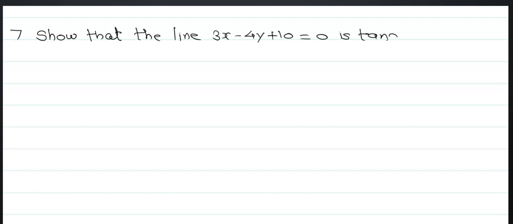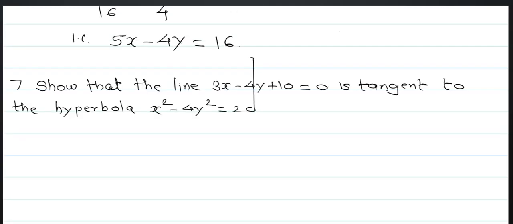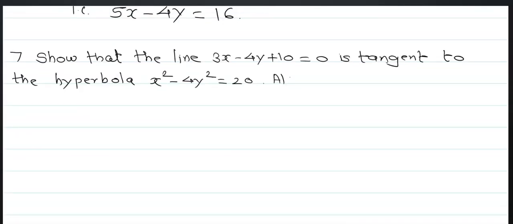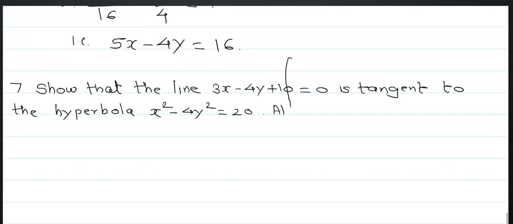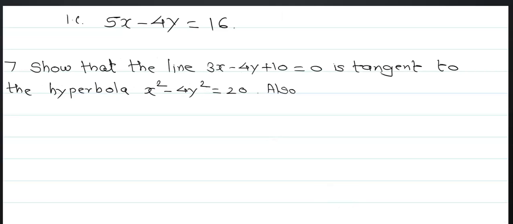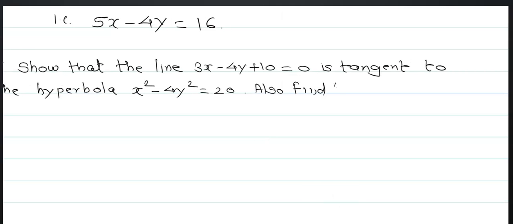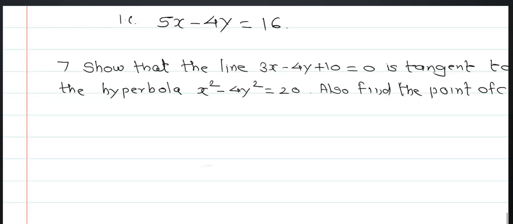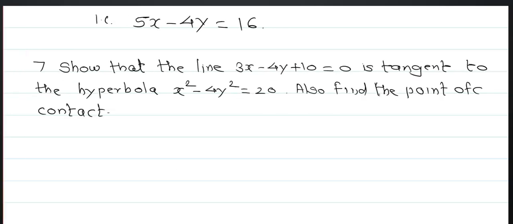Number 7. Show that the line 3x minus 4y plus 10 is equal to 0 is tangent to the hyperbola x² minus 4y² is equal to 20. Also find the point of contact.